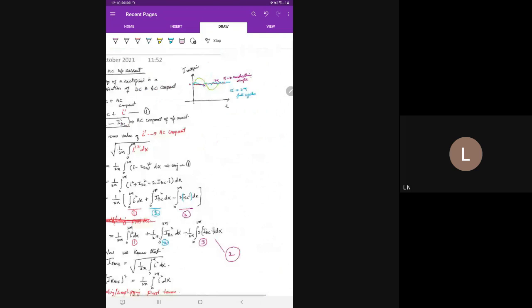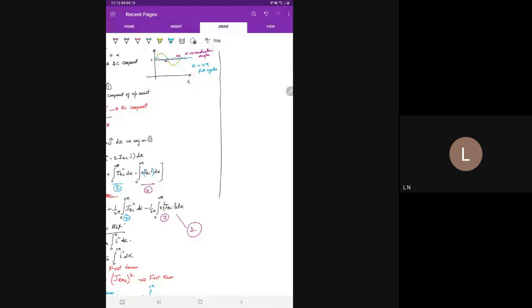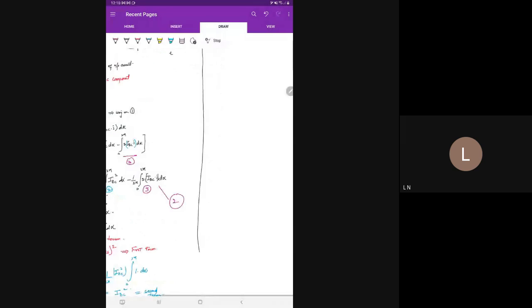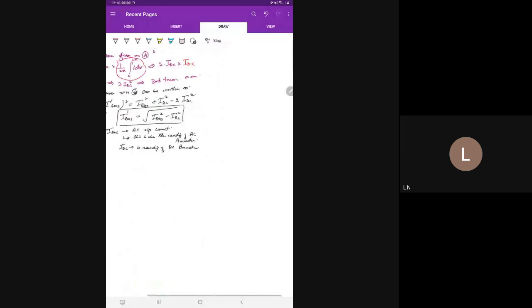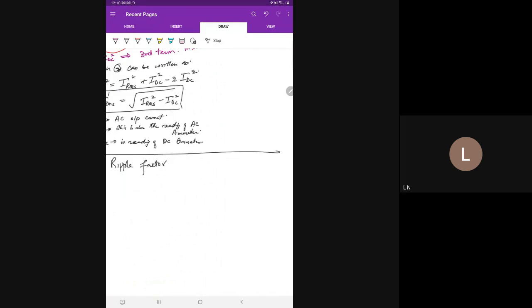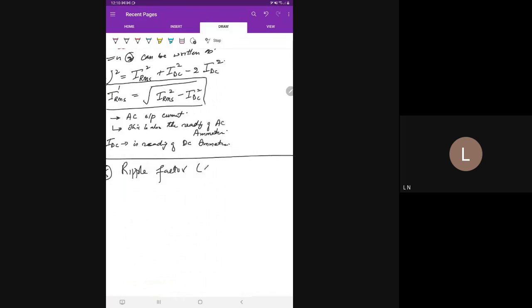The next parameter that we'll discuss, number 5, is the ripple factor, which is denoted by small r.